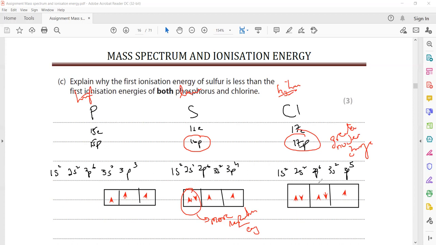So is it clear why phosphorus is higher than sulfur? That is due to the pair. And why chlorine is higher than sulfur? That is due to more protons or stronger attraction. Is it clear this part?